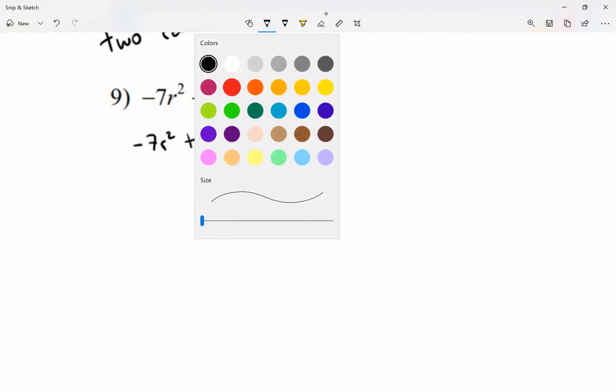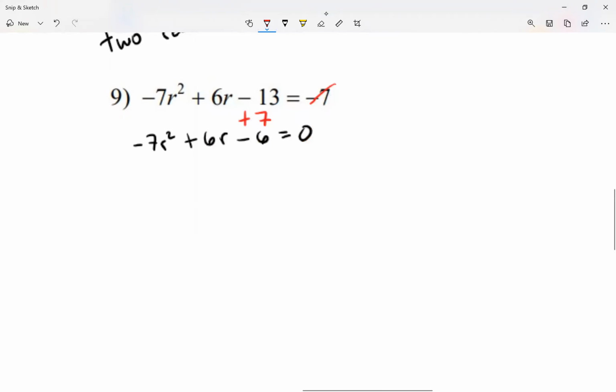I know my numbers here, my A, B, C values. My A is negative 7. My B is positive 6. My C is a negative 6. You guys see where I got my values with the sign included, right?